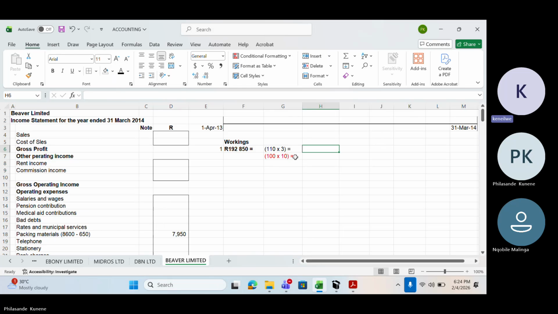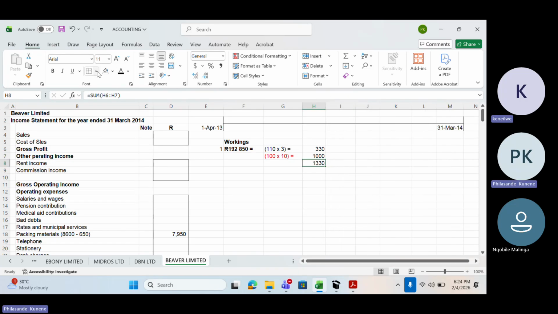Wait, let me work it out. 110 times 3, how much are you getting? 330. And then the other one? 1,000. Okay, so how much in total? 1,330. Okay, then what do I do after this one?